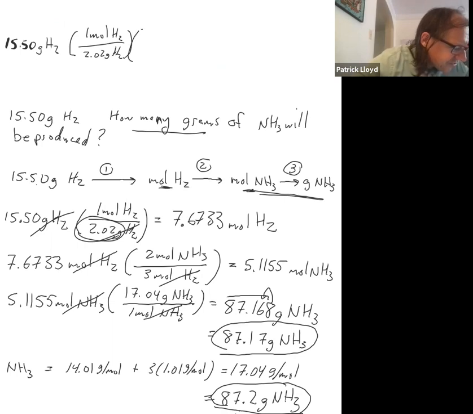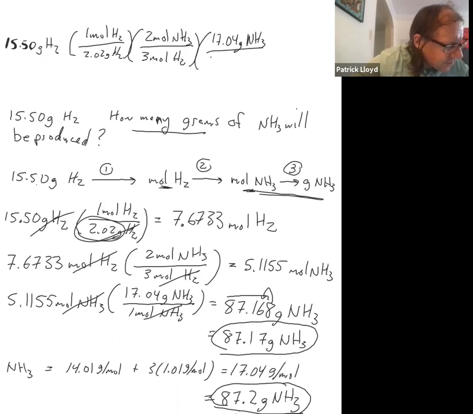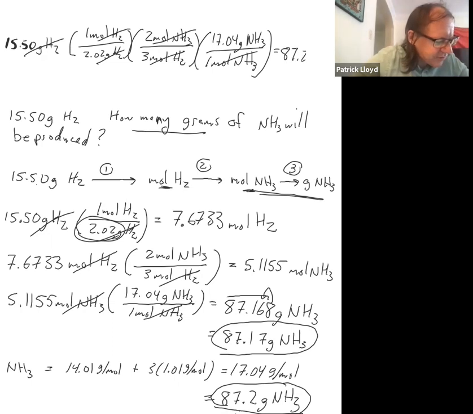And then it's 2 moles of NH3 for 3 moles of H2. And then 17.04 grams of NH3 over 1 mole of NH3. So take a look at your dimensional analysis. Grams of H2 cancel, moles of H2 cancel, moles of NH3 cancel, and you get 87.2 grams of ammonia.